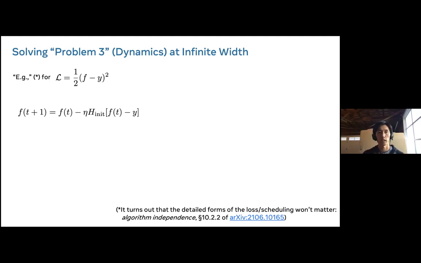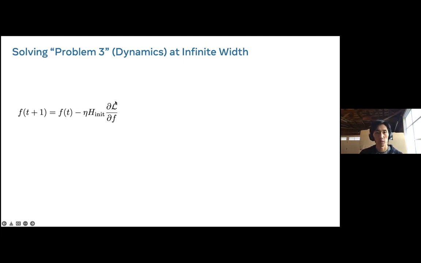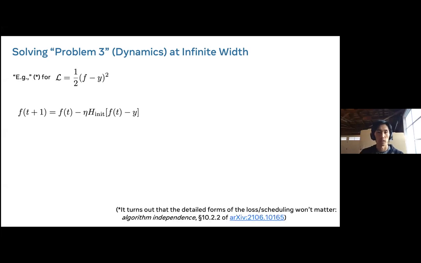Anyways, you take the mean square loss, or square error loss, (f minus y) squared. Here y is the label, the target for the inputs that you have in a training data set, and you try to minimize the difference of your function to that correct answer. If you plug that into the previous slide, taking the derivative with respect to f, then you get f minus y.